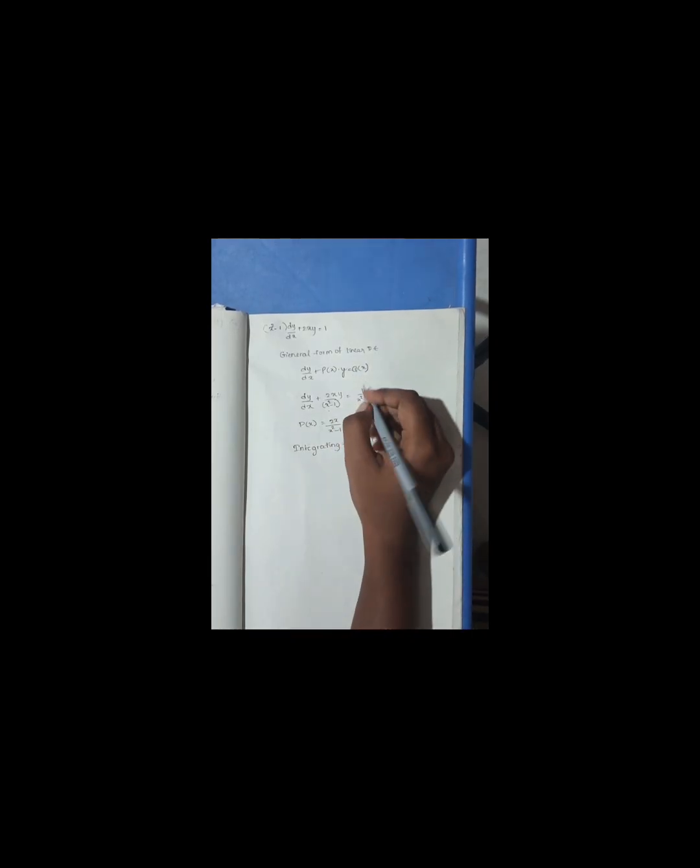Now find the integrating factor. This is equation 1, and it is a linear differential equation in y, where p of x and q of x are these. So the integrating factor equals e power integration of p of x dx, that is e power integration of 2x by x square minus 1 dx.